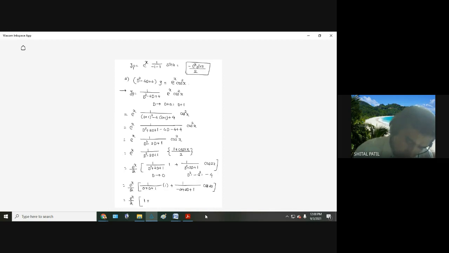Hope you remember how to solve 1 upon 2d minus 3 operated on cos 2x. Will you remember? Let's solve it.